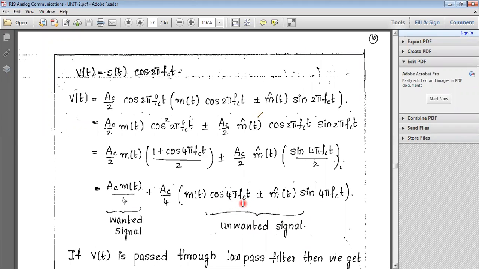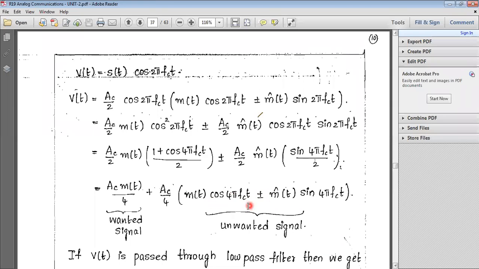Since it is a high frequency, there is no need to extract that signal. So we pass it through a low pass filter. All these parameters are considered as unwanted signal.